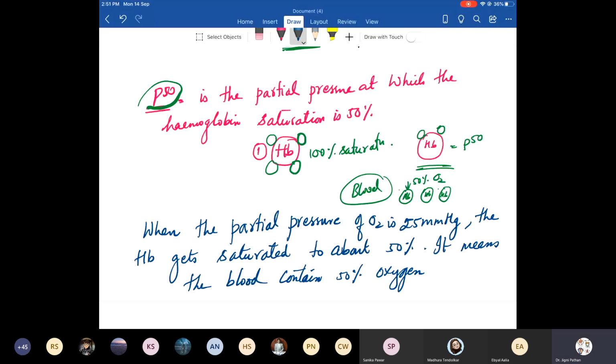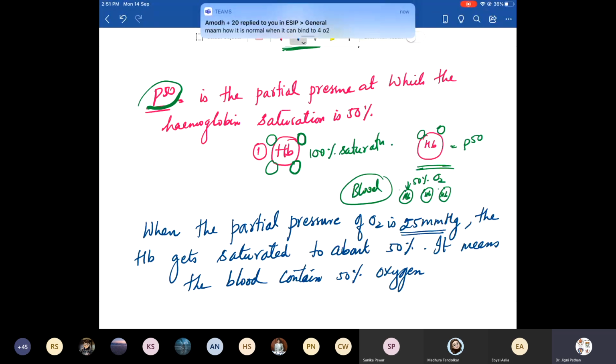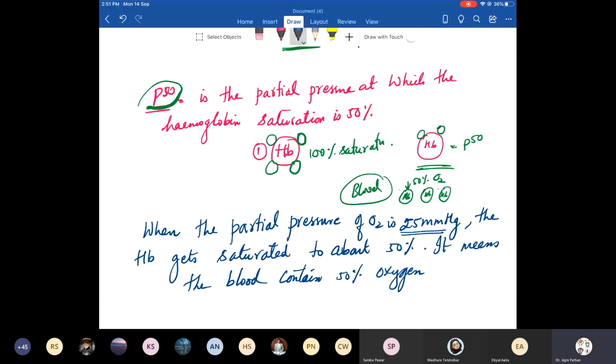Now listen to me. Okay, explaining. The partial pressure of oxygen is 25 mmHg. What do you mean by that? When will the partial pressure of oxygen be 25 mmHg? When hemoglobin gets saturated to about 50%.